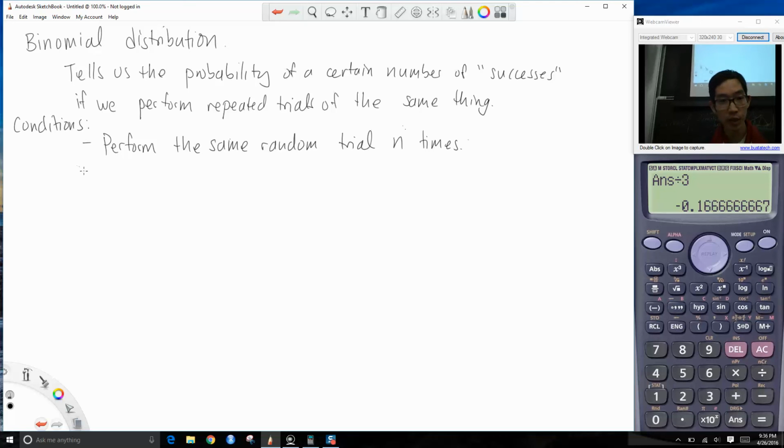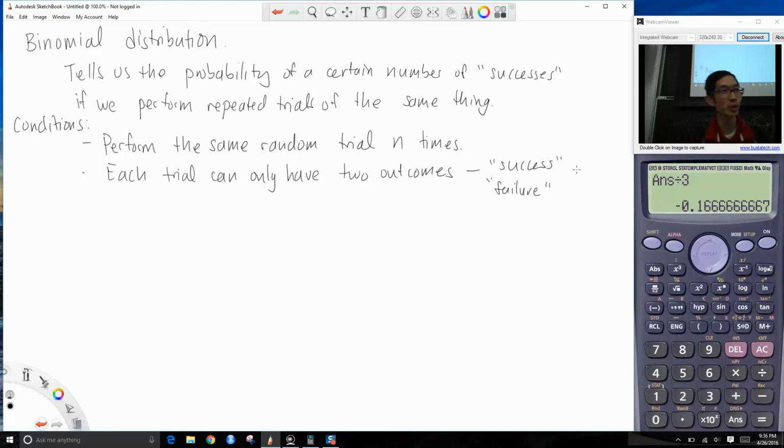Okay. Each trial can only have two outcomes. And we've arbitrarily labeled these success and failure. Now, we associate success with good things and failure with bad things, but these are just arbitrary labels.